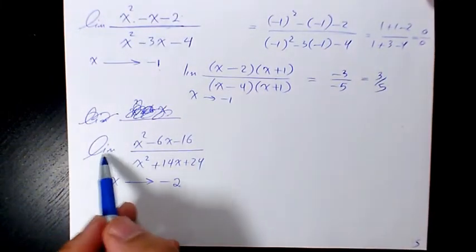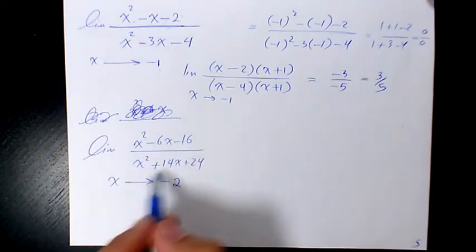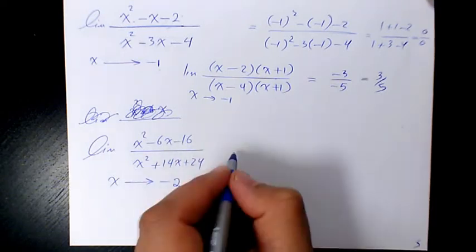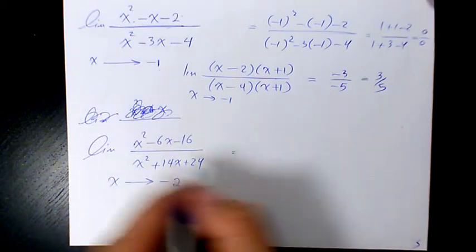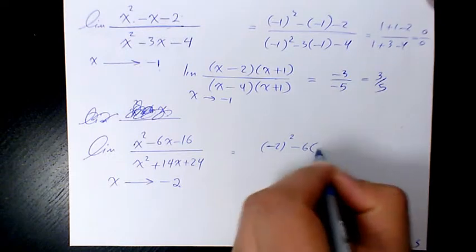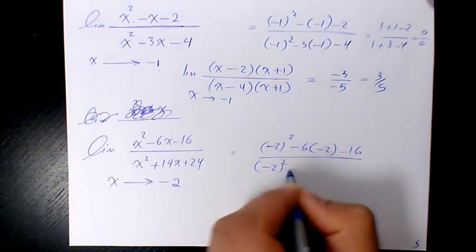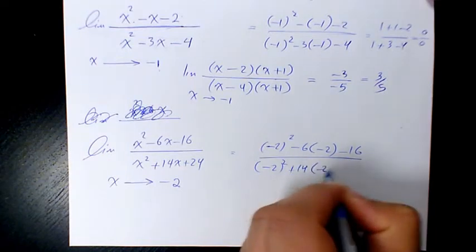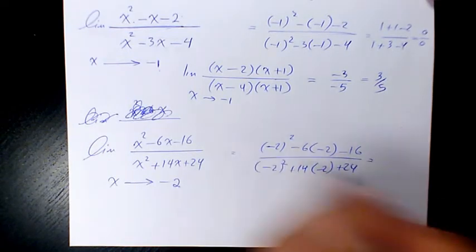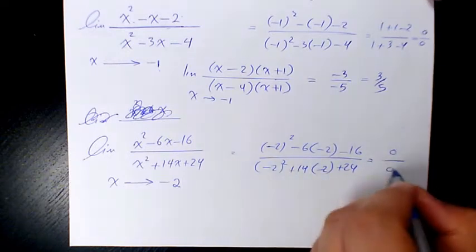This example is the limit of (x squared minus 6x minus 16) over (x squared plus 14x plus 24). When we sub it there, it's going to be negative 2 squared minus 6 times negative 2 minus 16 over negative 2 squared plus 14 times negative 2 plus 24. That will be 0 over 0.